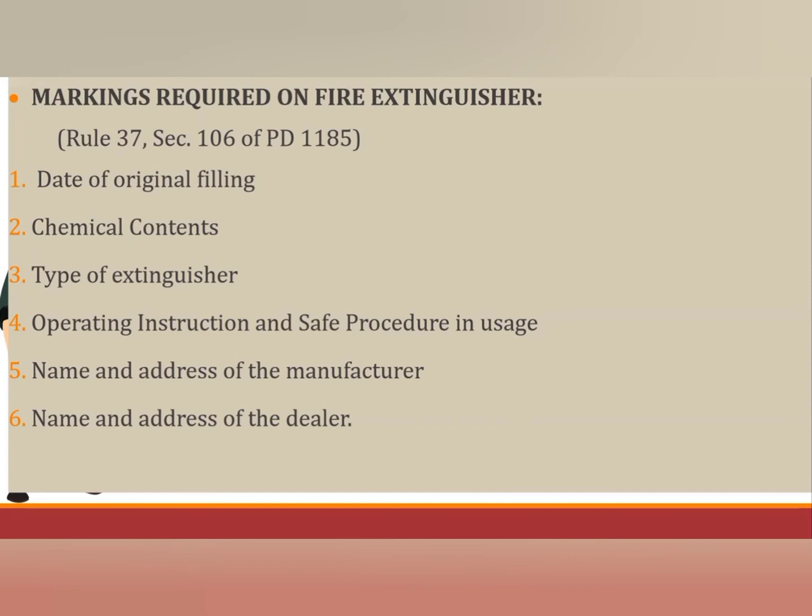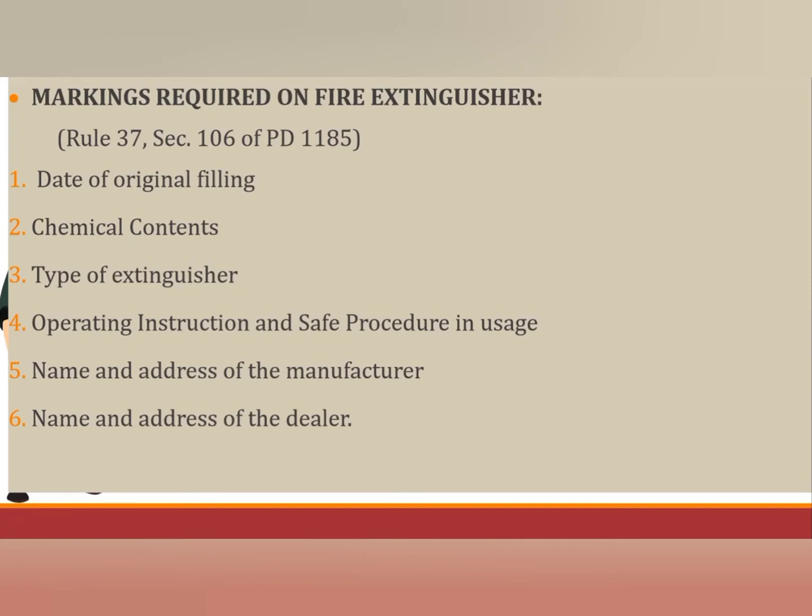So the following must be indicated, and what you must see when purchasing a fire extinguisher: the date of original filing, chemicals, contents, type of extinguisher, operating instructions and safe procedure in usage.